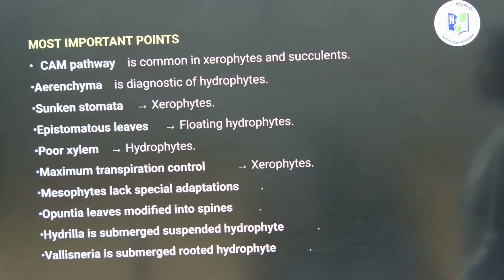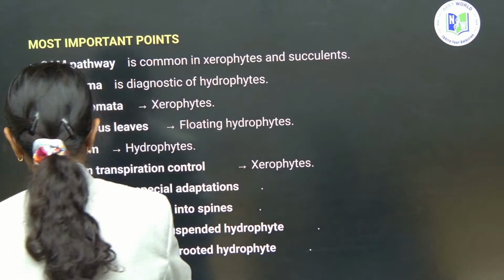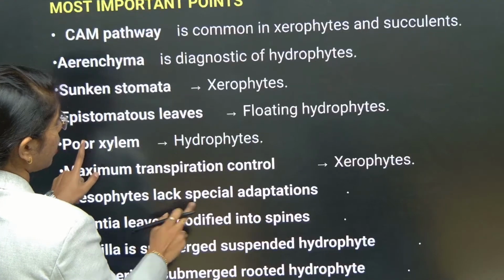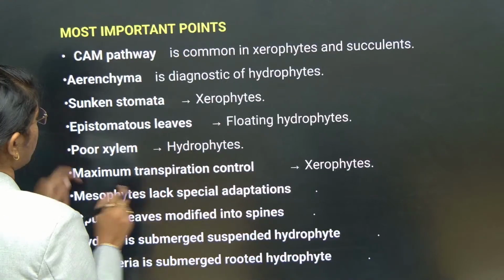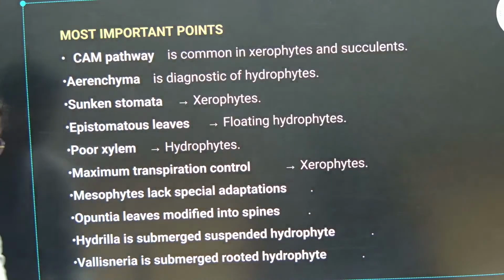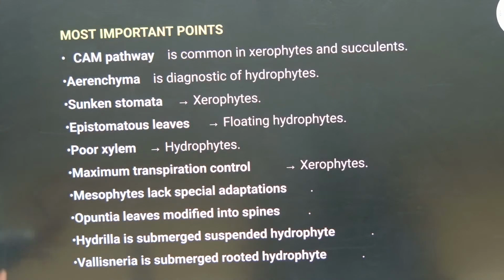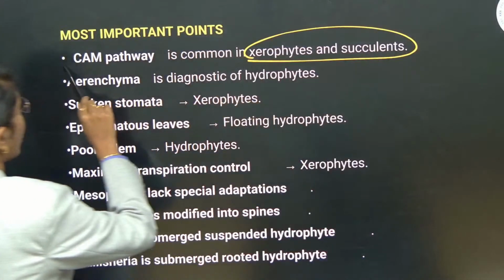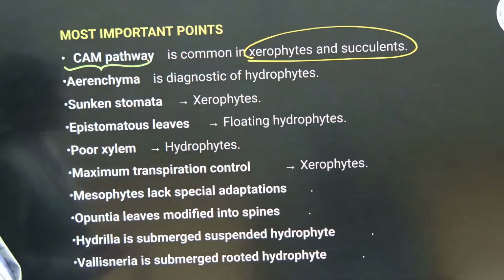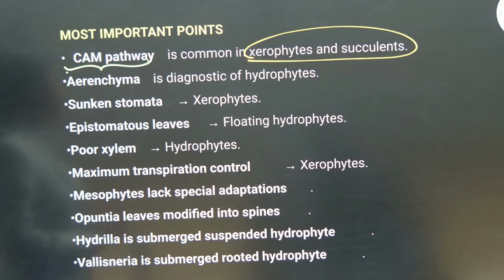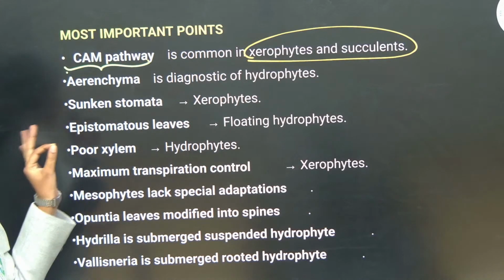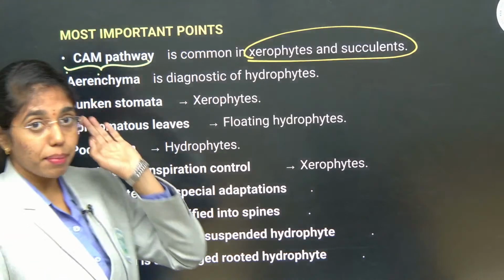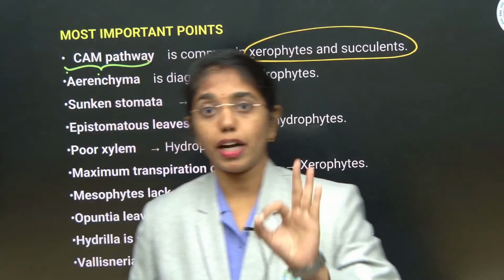Next, most important points. CAM pathway is common in xerophytes and succulents, which is crassulacean acid metabolism, where we learn it in plant physiology. We can get a connected question. Remember that statement carefully: it is an adaptation for maximum fixation of carbon dioxide.